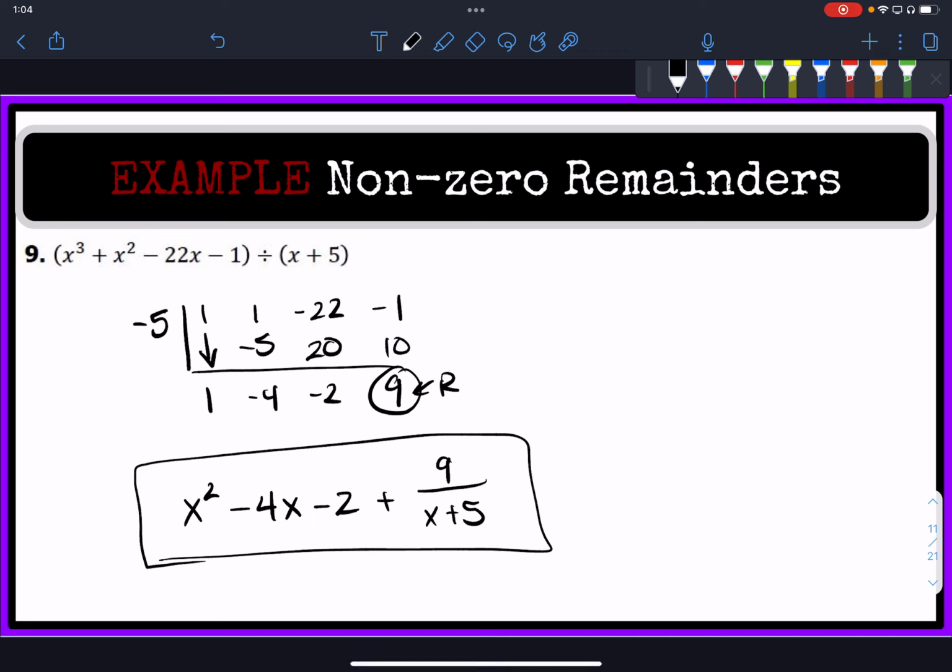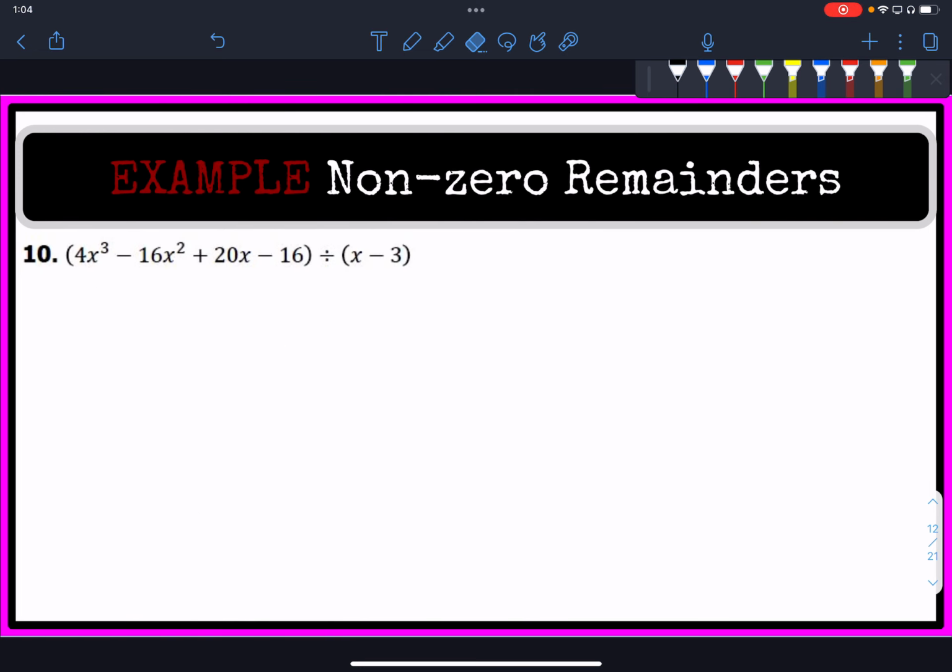And like I said, this is a shortcut, but unfortunately it doesn't work with every example. From the first 6 problems, it would only work with a couple of those, or actually maybe half of those. Not with all of them. Let's do another non-zero remainder. So this right here, we have 3, 4, negative 16, 20, and negative 16.